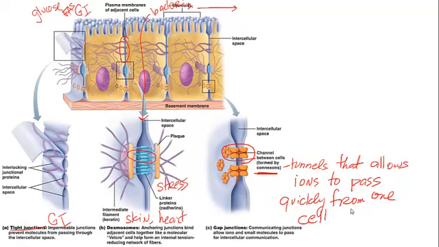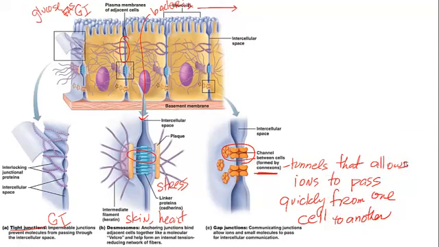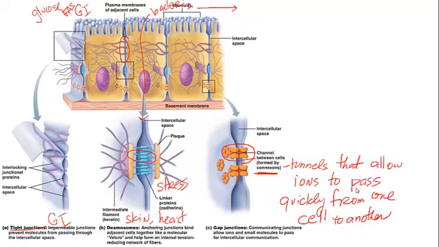So the first two that we talked about, the tight junctions and the desmosome, are going to be structural, whereas the third one is really the only one that's going to be functional. It's actually going to allow for specific molecules, specific ions to pass quickly from one cell to another.